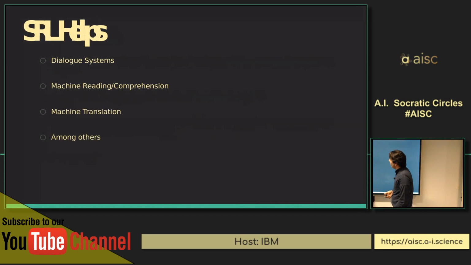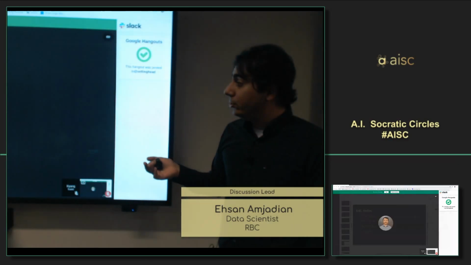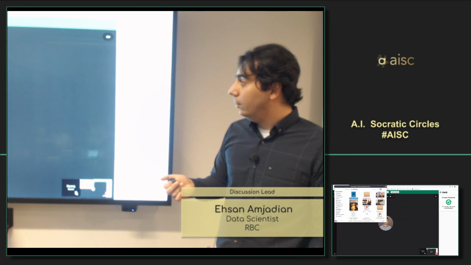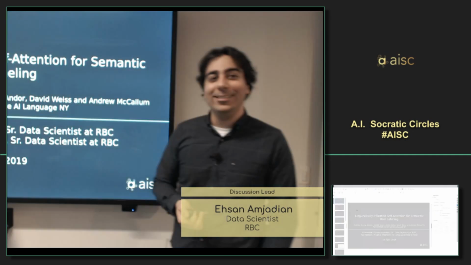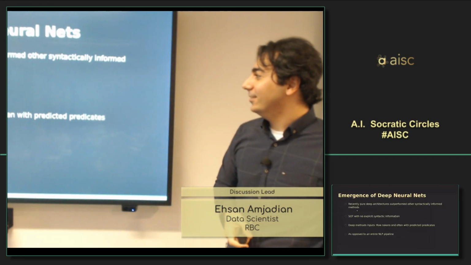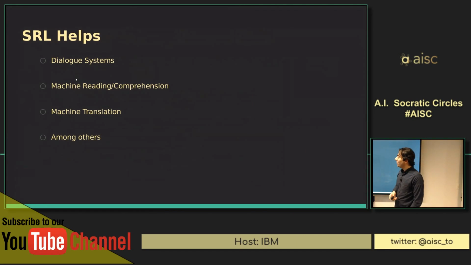OK, let's see if I can decode this one too. SRL helps. SRL traditionally is extensively used in dialogue systems, machine reading or reading comprehension, and machine translation. Machine translation also nowadays is mostly end-to-end, but traditionally, as I mentioned, these pipelines have been used.